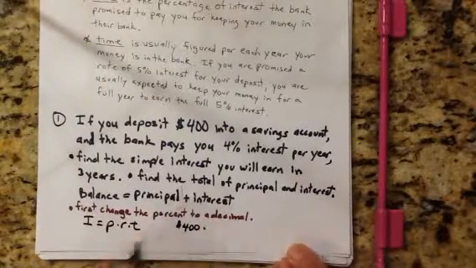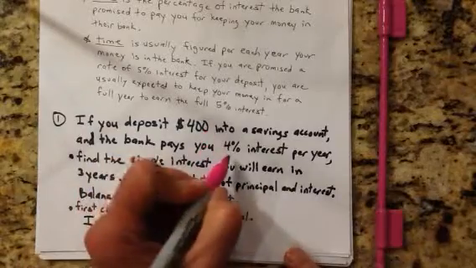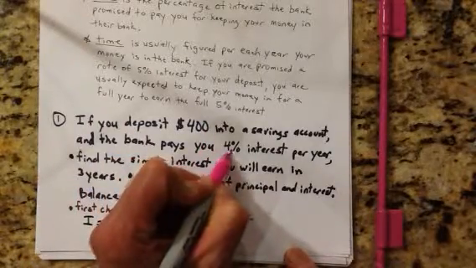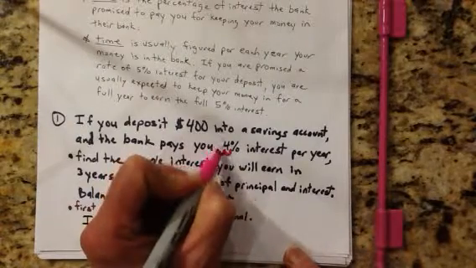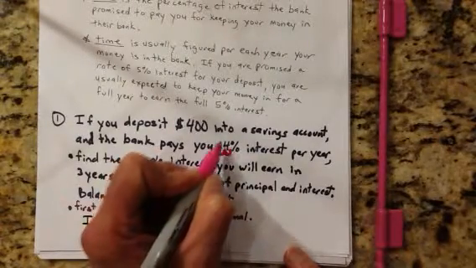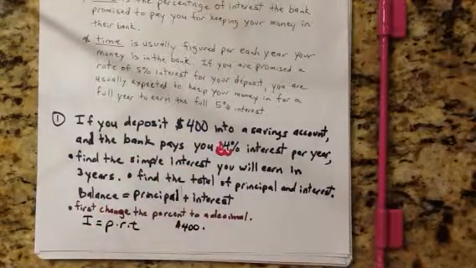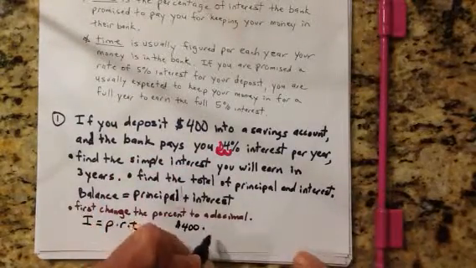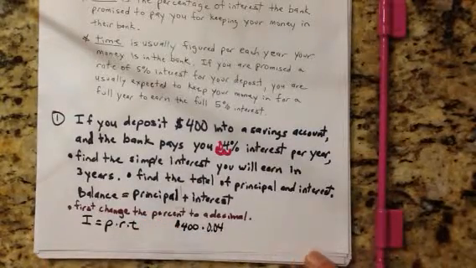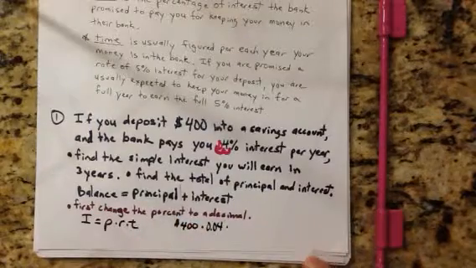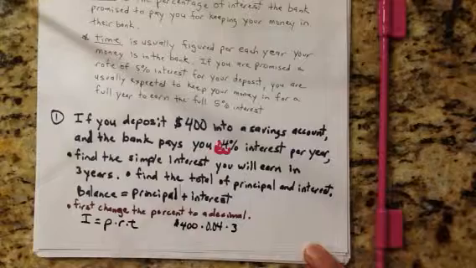Remember, 4% can be changed into a decimal with 2 decimal moves to the left, and since there's nothing there, you fill in with a 0 and put your decimal here. So 4% ends up being 0.04, times the time, which is 3 years.